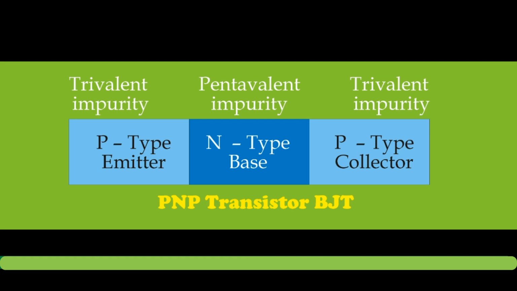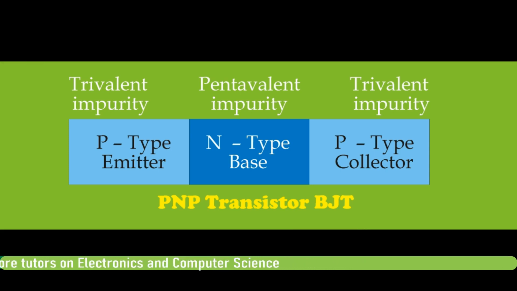So in this way, there will be a current conduction from the p-type emitter to the p-type collector. Now you can see that the p-type material has free positive charges, and they will flow from emitter to base. So all the current conduction from one p-type to another p-type will be due to holes, that means due to positive charges.